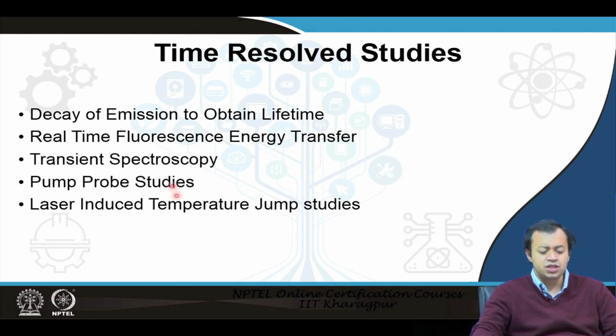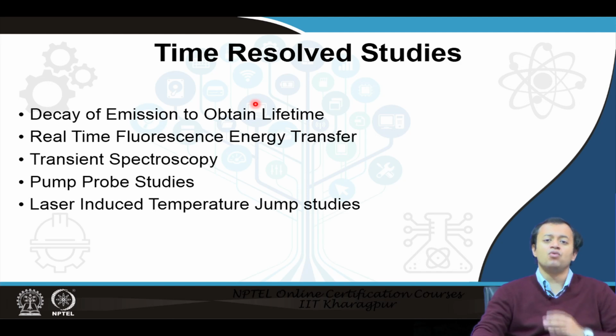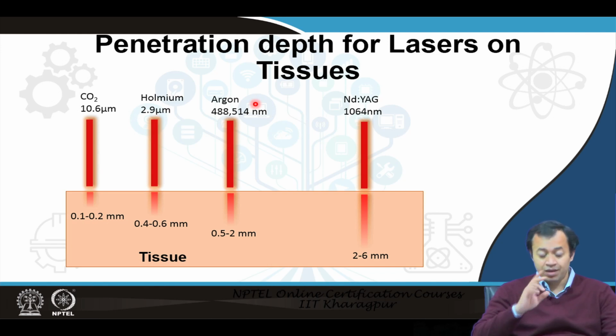All of these things utilize lasers, and thereby pulse lasers, short pulses of femtosecond, attosecond, nanosecond, millisecond, and thereby they are suitable to observe several phenomena which are very, very important for biological applications. We therefore call it in vivo spectroscopy, but let us go to spectroscopy at a later stage.